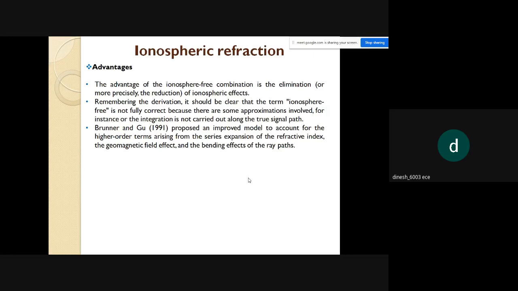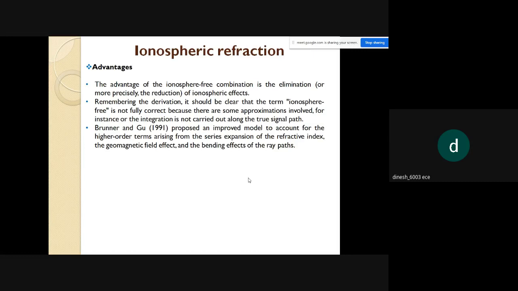So remember that the term ionosphere free is not fully correct, because we cannot make the ionosphere fully free. For that, a lot of research is going on for making calculations of these ionospheric effects, which can be minimized in your receiver's computation.